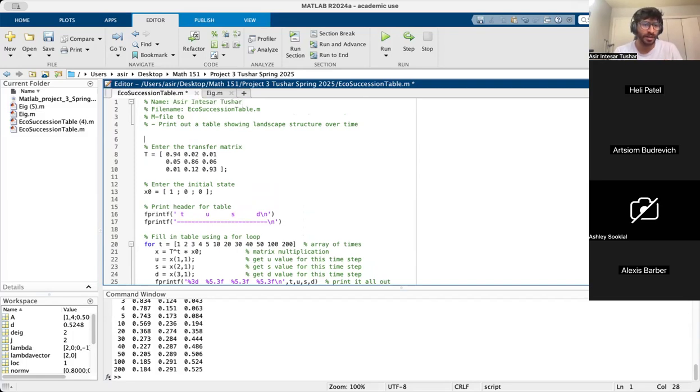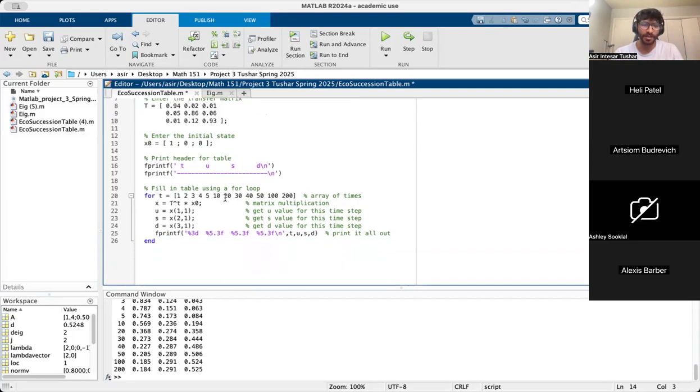After that, this is going to be a transfer matrix, so write this according to the one that's given in the problem. Then, as you can see, this is the initial population. Same as before, read the problem and modify these as the problem says. And then what you have is this. You don't need to modify these steps.